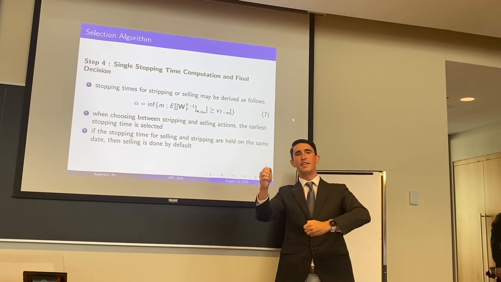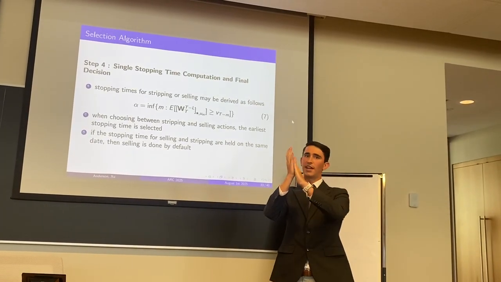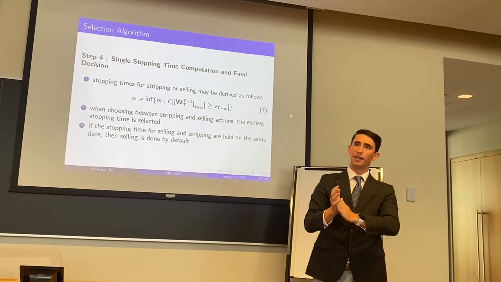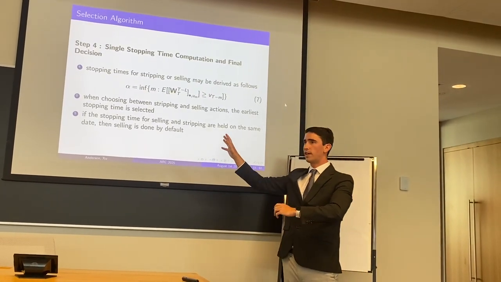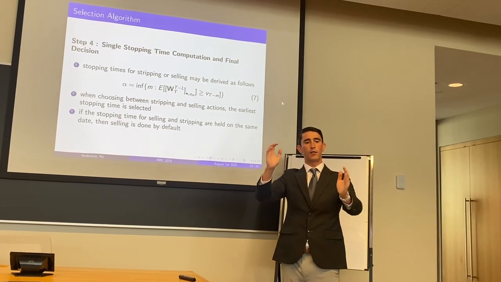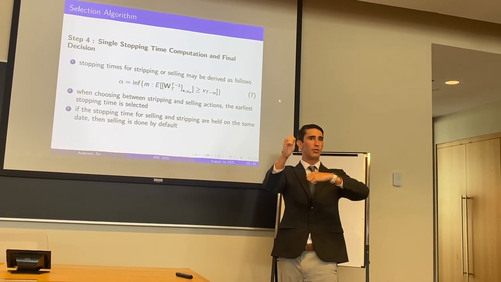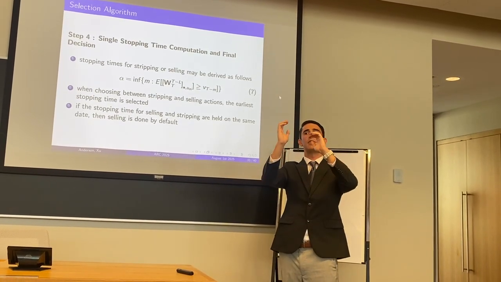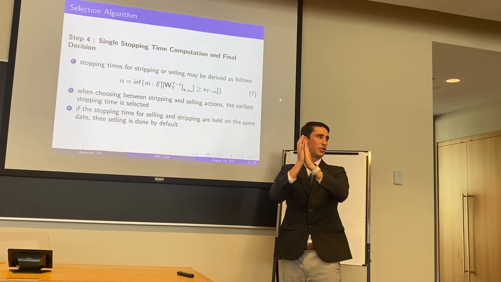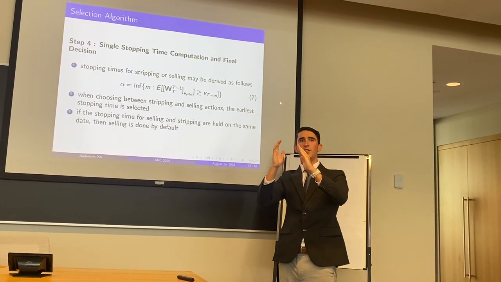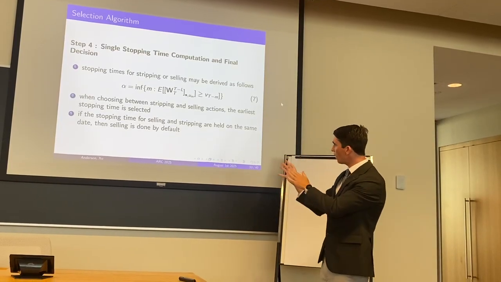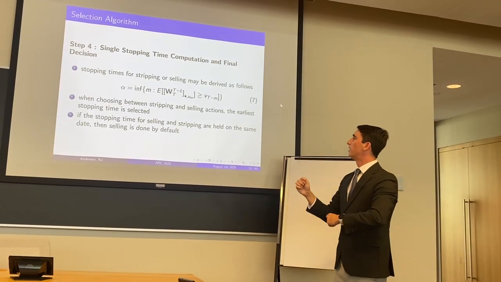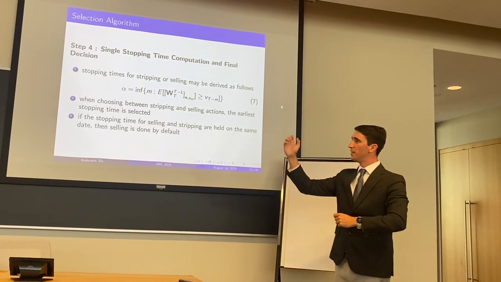And as you get towards that end, you're really just going to be swiping as much as you can. So the way our stopping rule works, in essence, is as you get closer towards that terminal date, you tend to be more likely to choose an earlier stopping time. Keeping that in mind, we then get into some fun study business.